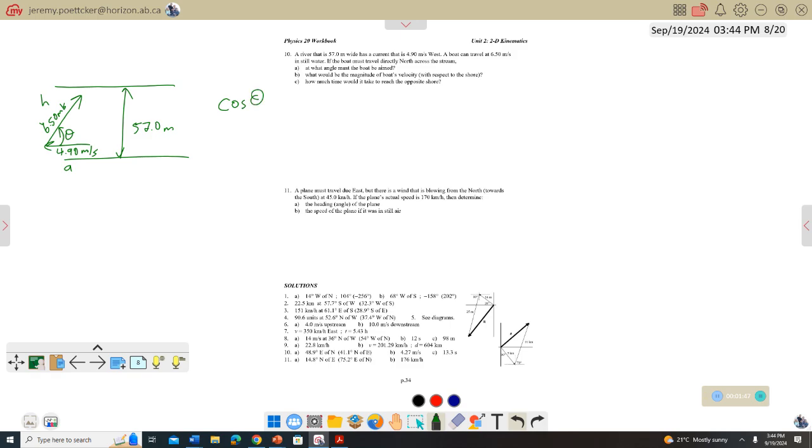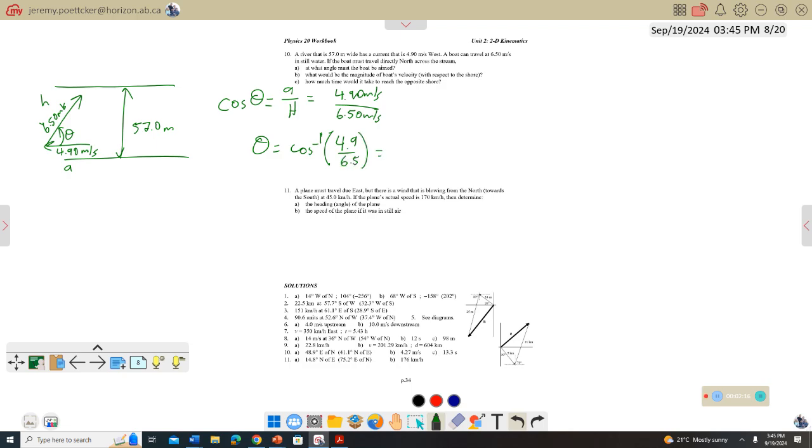Cosine of theta is adjacent over hypotenuse, which is 4.90 meters per second over 6.50 meters per second, which means our angle is going to be the inverse cosine of 4.9 over 6.5.